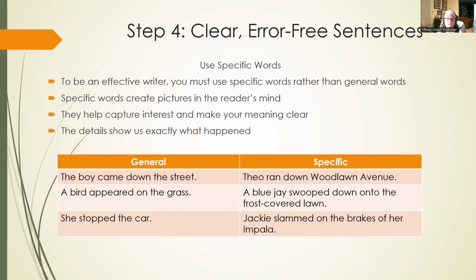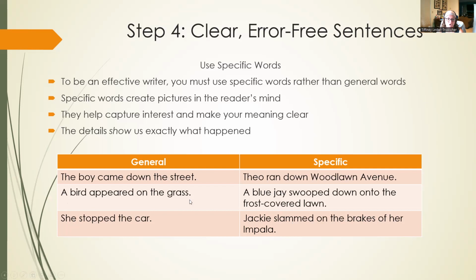So you want to use specific word choices whenever possible. So we have a few examples here. We could say the boy came down the street, but why not say Theo ran down Woodlawn Avenue? Use specifics if you can.